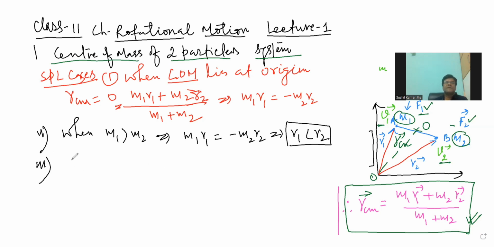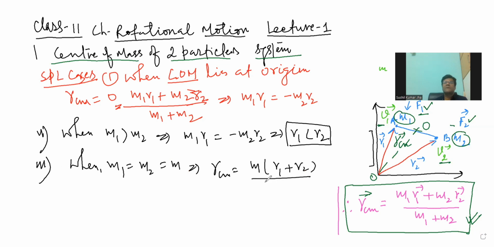Similarly, if we take m1 is equal to m2 is equal to m, then RCM can be m common, r1 plus r2 divided by 2m, m gone.